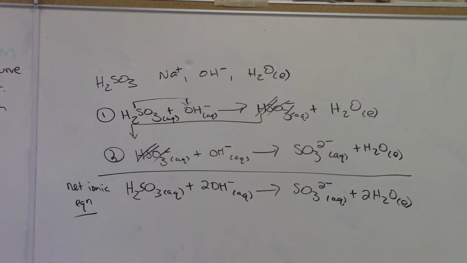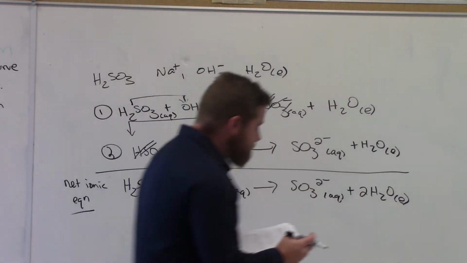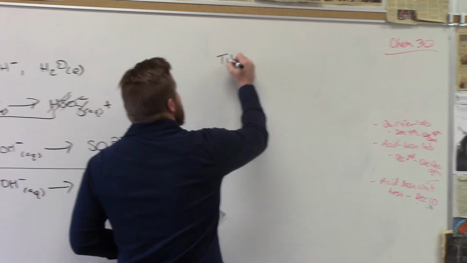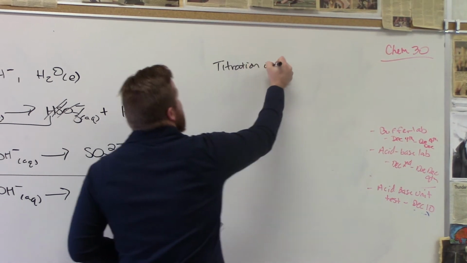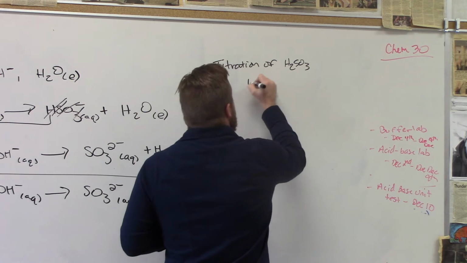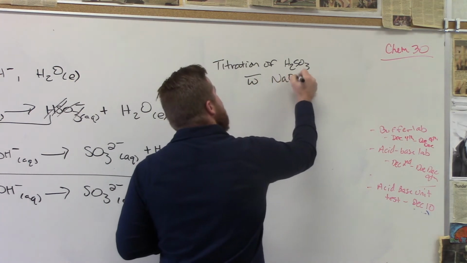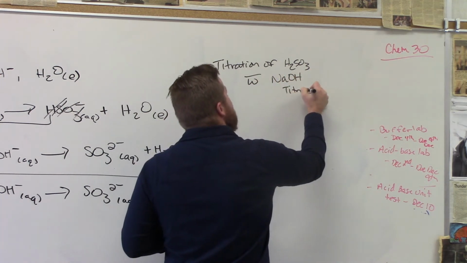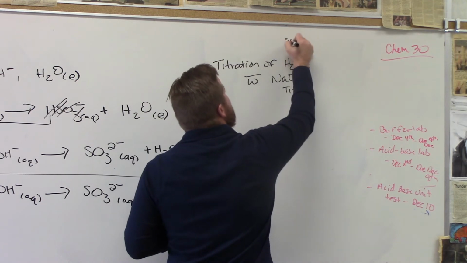Okay, and what I can do from this is make a graph. This is the titration of H2SO3 with sodium hydroxide. So that's my titrant, and that's my sample.